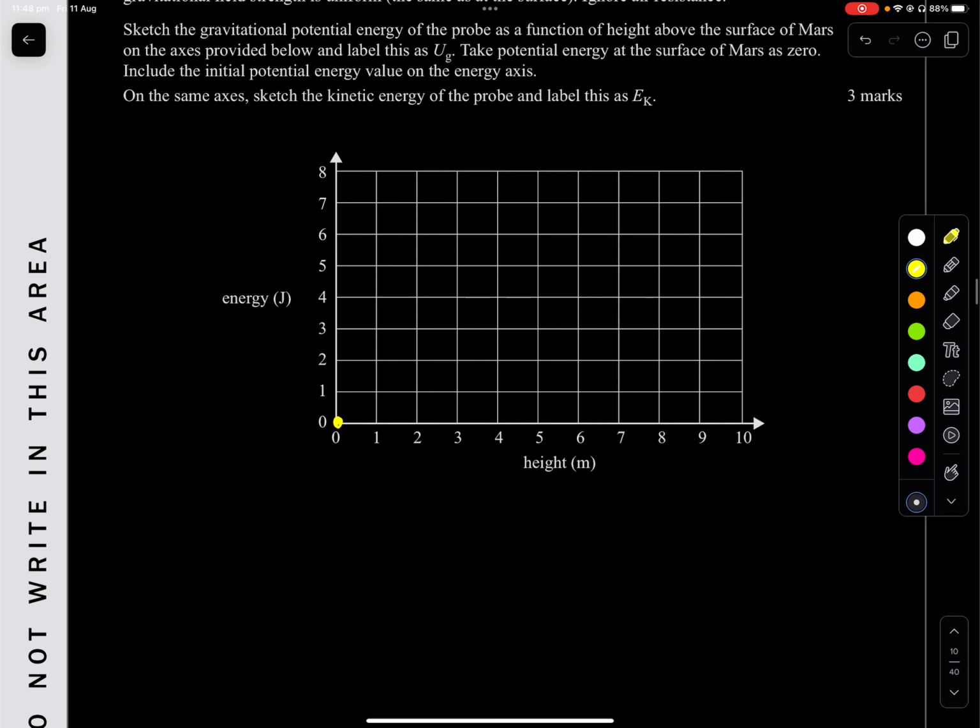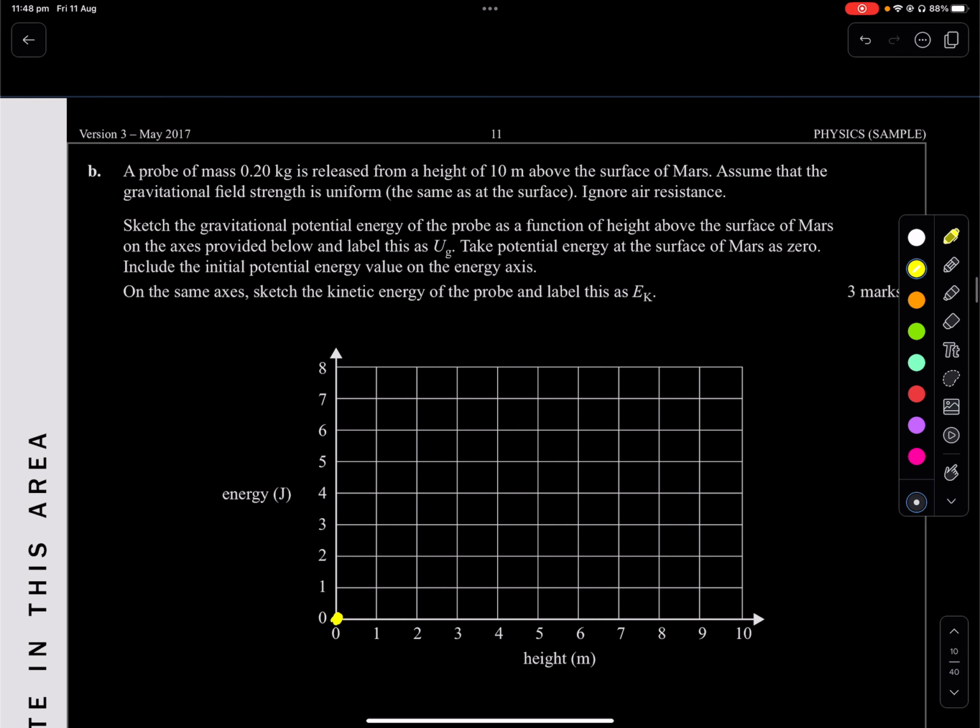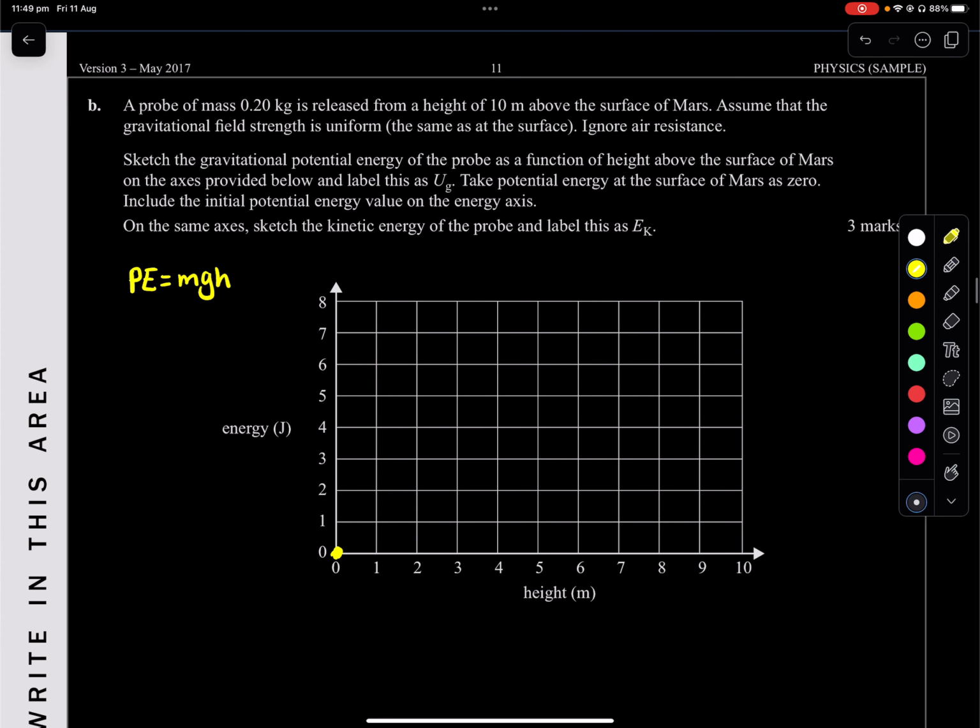Okay, because we know that your gravitational potential energy, PE, let me write it nicely. So your potential energy is equal to mgh, where it's pretty much proportional to h. So if h is 0, energy is 0. What about if I want to find when it's 10?